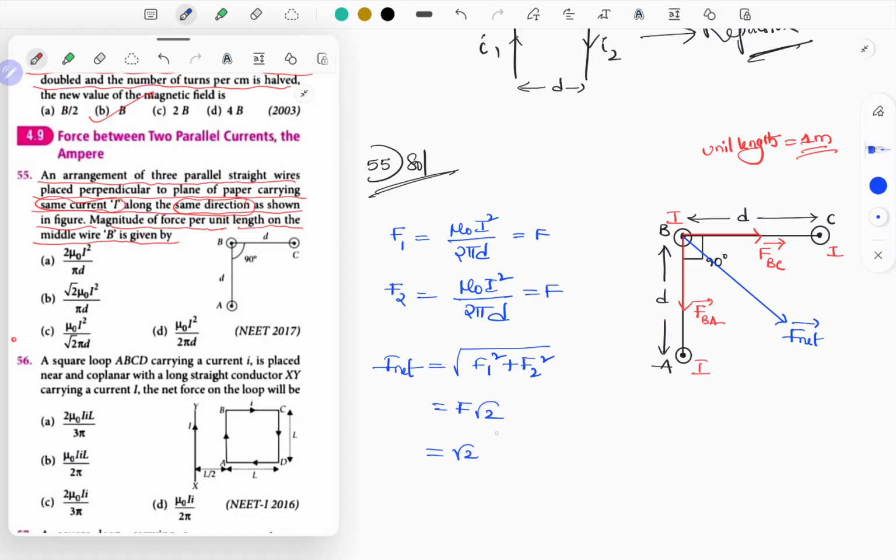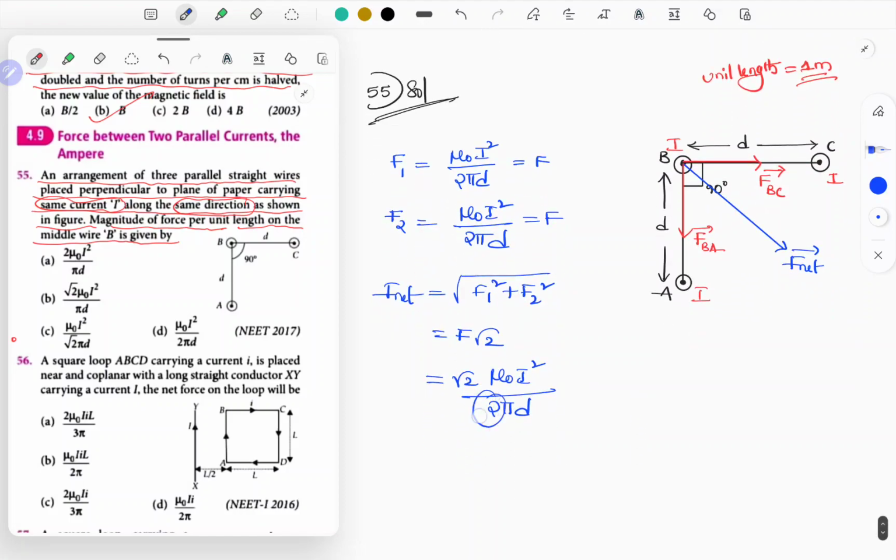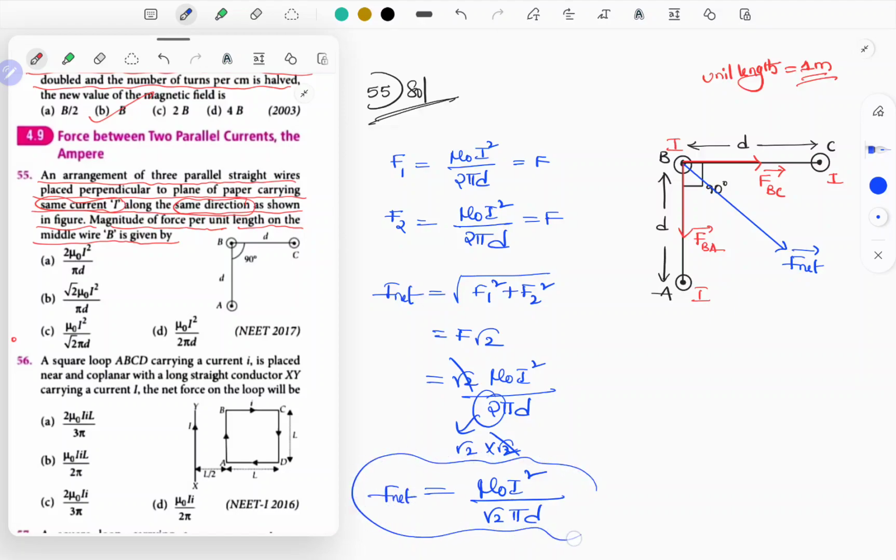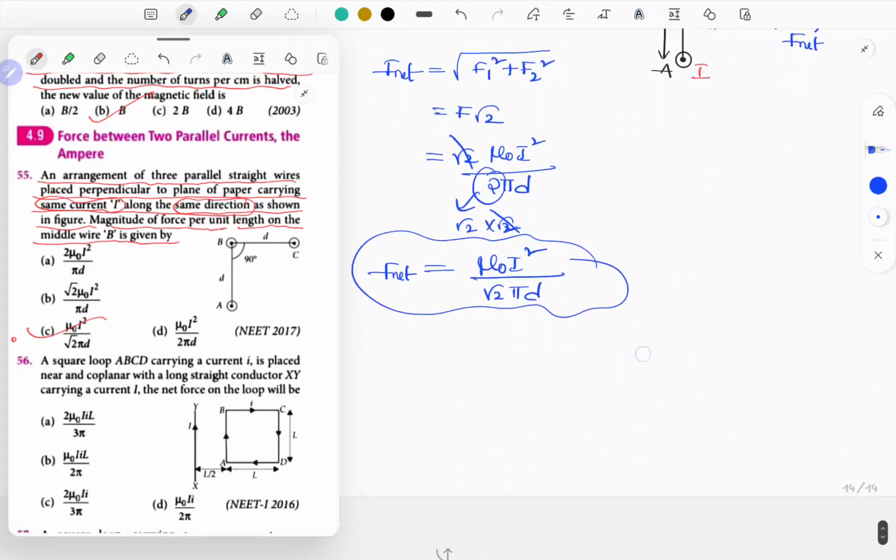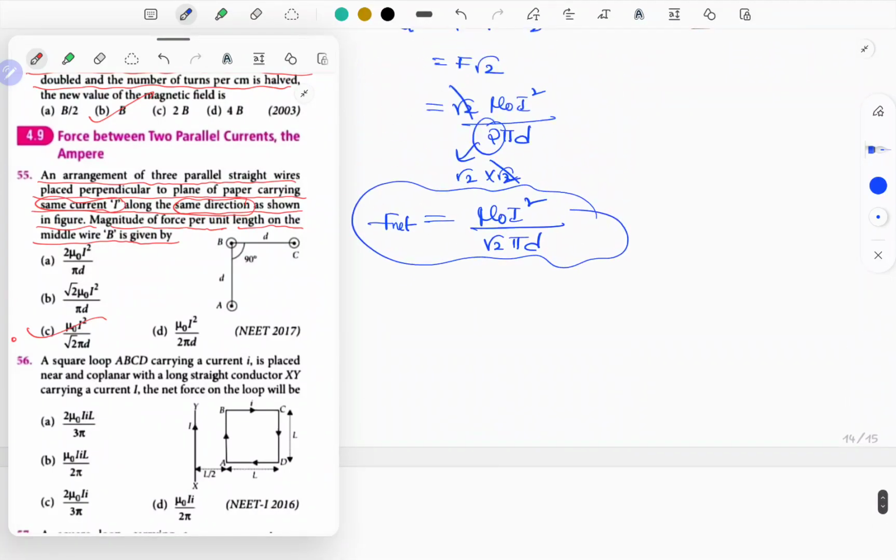Then root 2 times F is mu naught I square divided by 2 pi d. So you can convert this as root 2 into root 2 again. Root 2 will get cancelled. So the final answer is mu naught I square divided by root 2 pi d. This is F net. So which option matches? Option C is the correct answer. Understood? Okay, next.